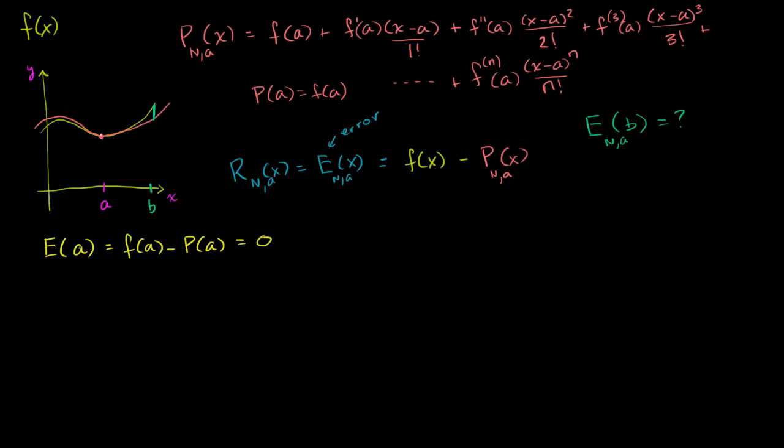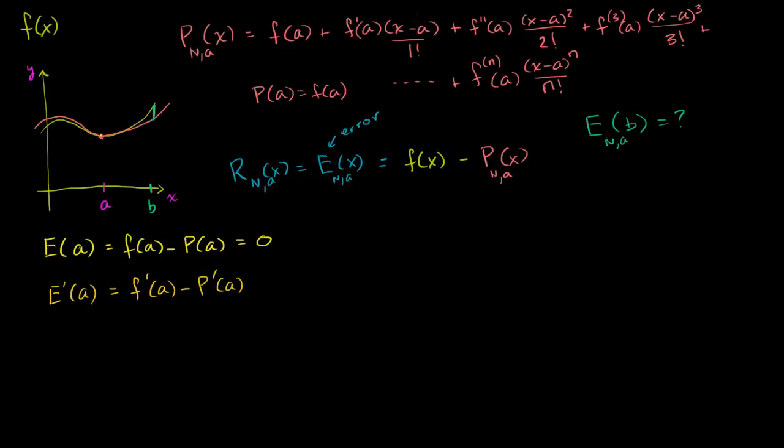Now let's think about something else. Let's think about what the derivative of the error function evaluated at a is. Well, that's going to be the derivative of our function at a minus the first derivative of our polynomial at a. And if we assume that this is higher than degree 1, we know that these derivatives are going to be the same at a.